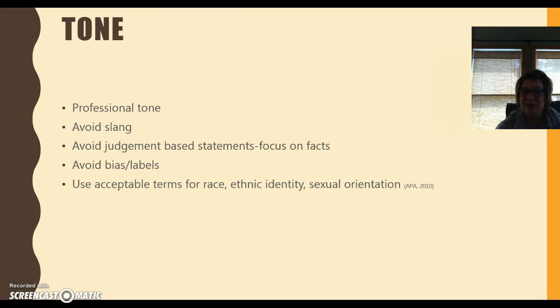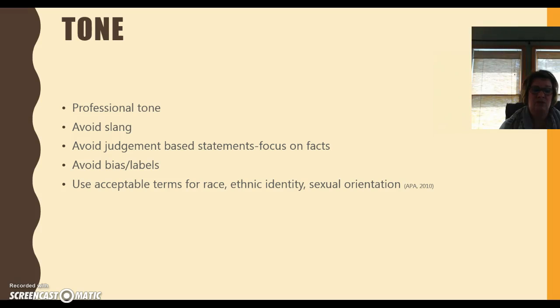And that brings us to our next slide. So we want to avoid any kind of slang. We want to avoid inferring our own judgments on things, whether we think something is good, bad. That's not necessarily part of the scientific writing process. We write about facts, so keep that in mind.